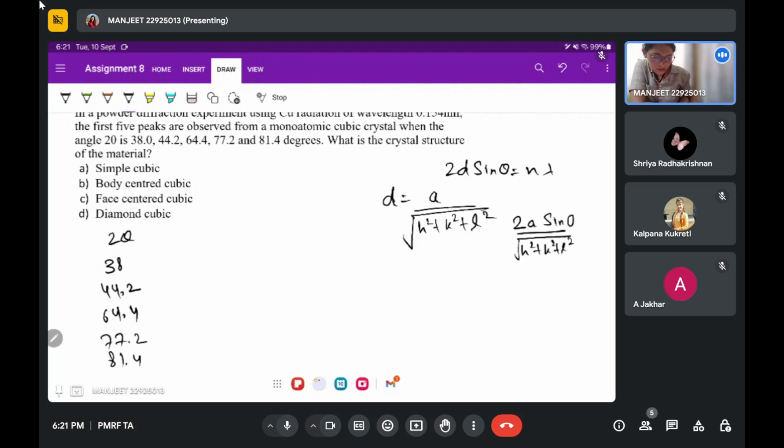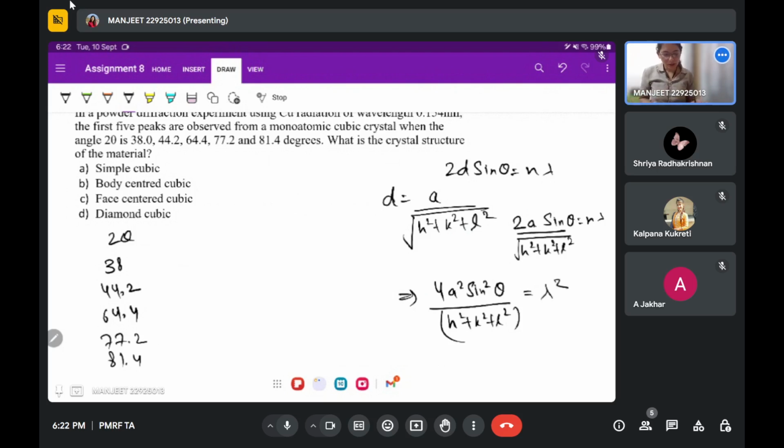If I put this value, it is 2a sine theta over the square root of h square plus k square plus l square equals n lambda. If I square this to remove the square root, this gives 4a square sine square theta divided by h square plus k square plus l square equals n square lambda square. I am considering the first order.